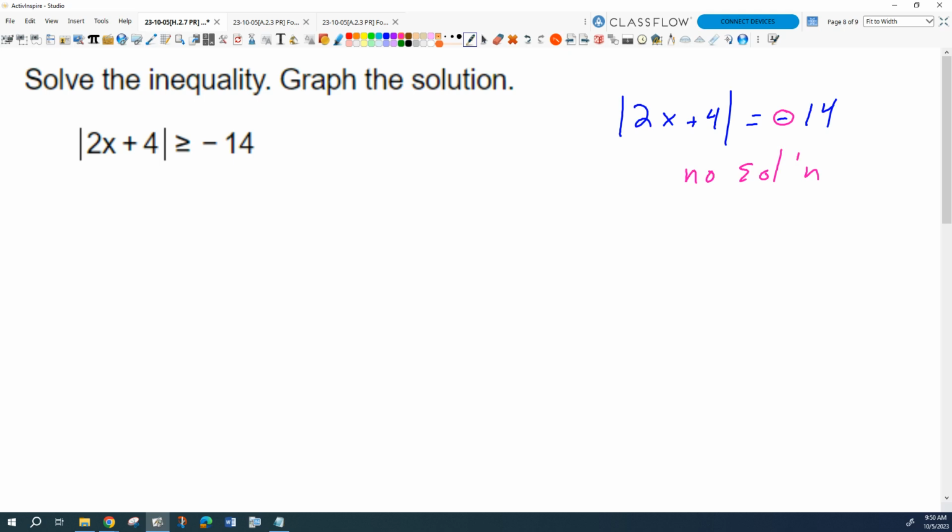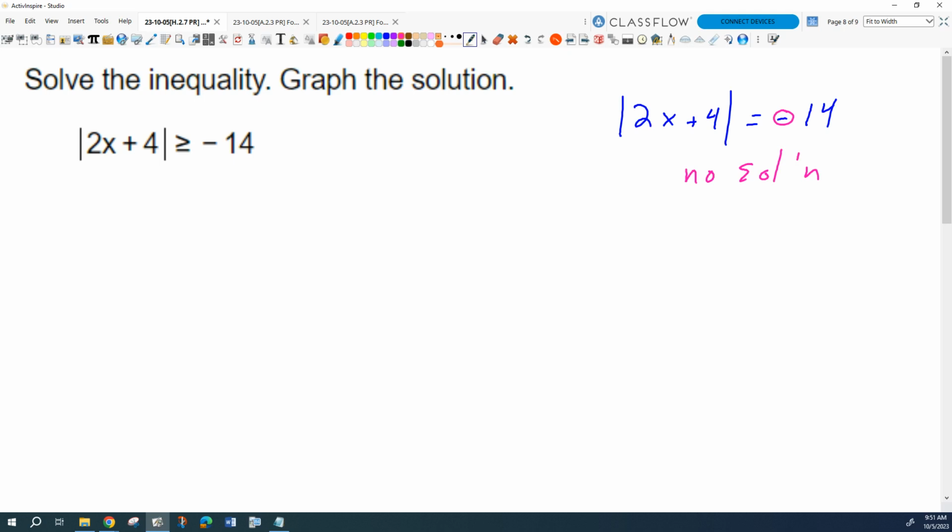Let me say that again. For what values of x, you don't even care what the expression is, would an absolute value be greater than a negative number? What do you think? When is an absolute value greater than any negative number?